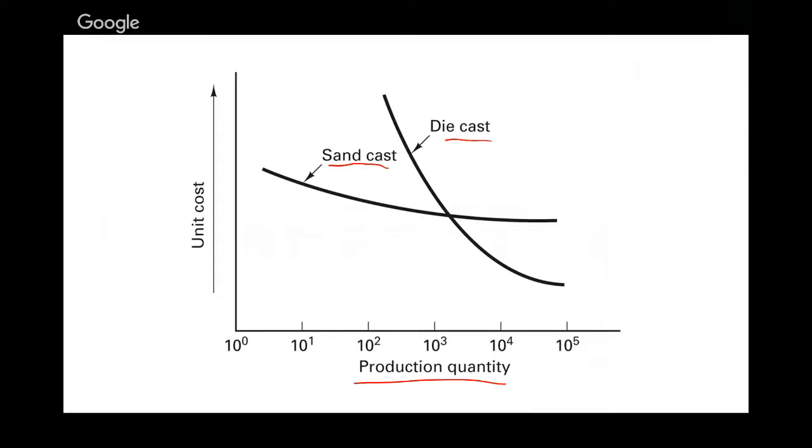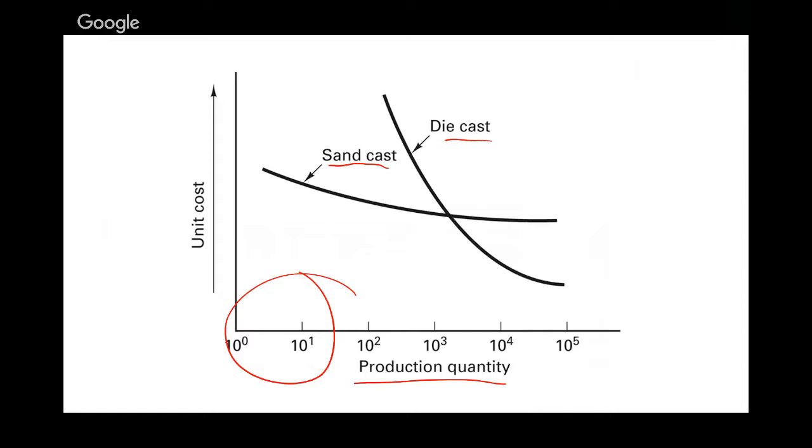And so we see that for these lower batch numbers or part quantities, we don't need to go through all the trouble of making the molds that are going to last for a really long time. You know, we can do something that's a single use mold, and then that will be more cost effective.